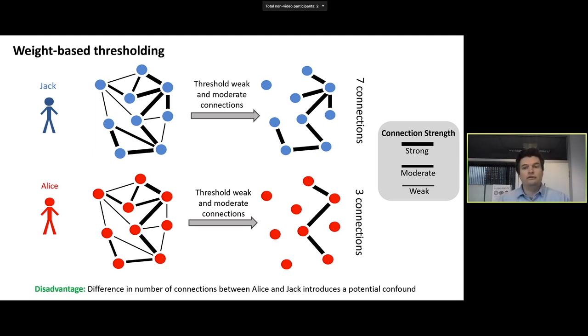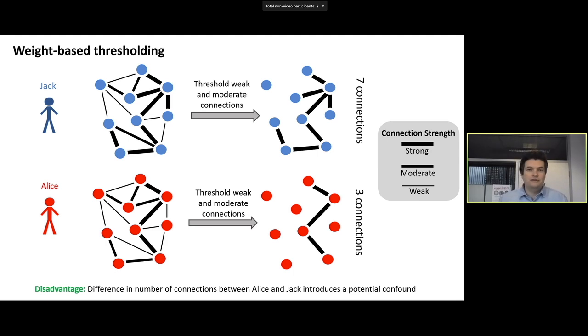So then if we go on and do subsequent network analyses on these thresholded connectomes, any differences, for example, in path length or clustering coefficient between Jack and Alice are most likely driven by this confound in connection density, namely the confound in the different number of connections.